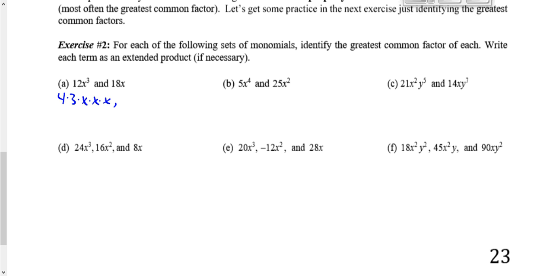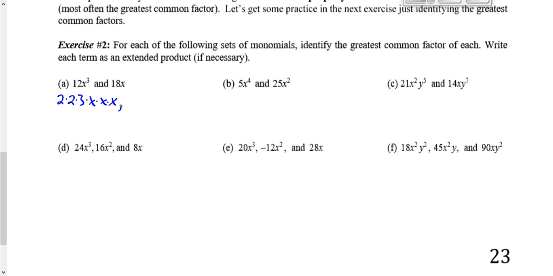Let's break it up all the way. Let's get the prime factors. So the 4 we could do 2 times 3 times x times x times x. So this way we don't have to even mess around.